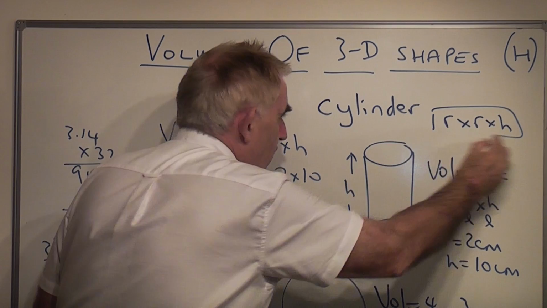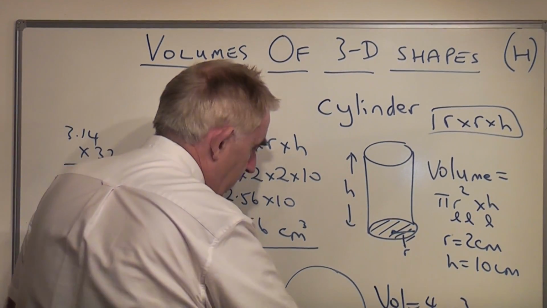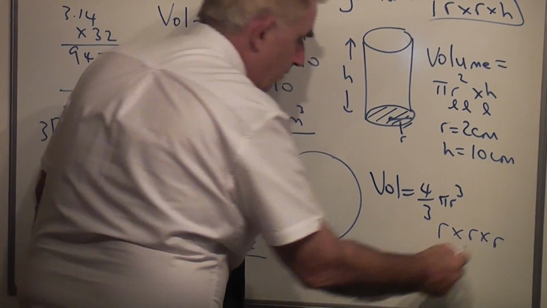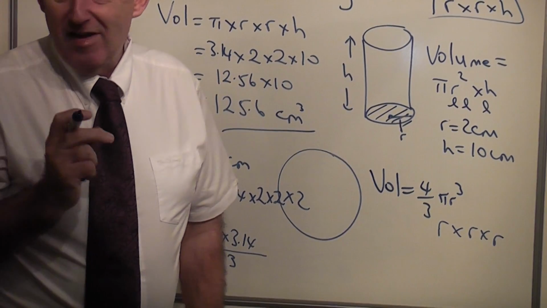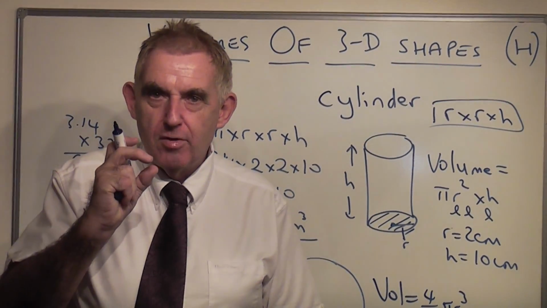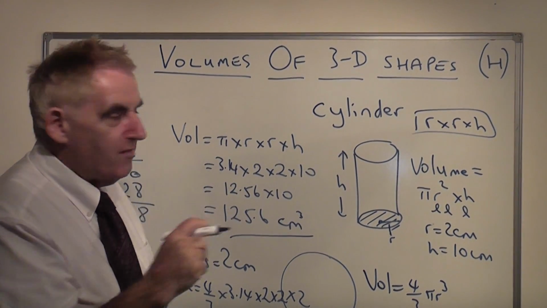It's the same with the volume of the sphere, it's still got 3 things involved. And there always are if you've got a volume of a shape. It will always end up having 3 things multiplied together, 3 lengths.